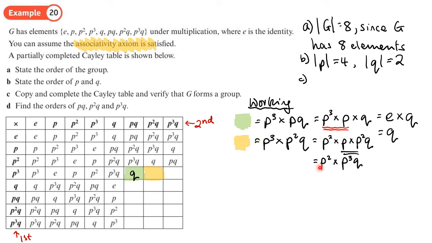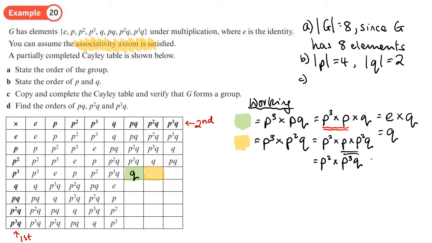Now that's useful because I can use the table to work this out. So P squared times P cubed Q is this, PQ. Yeah, so I've changed it into a multiplication that is in the table. P squared times P cubed Q gives me actually just PQ.